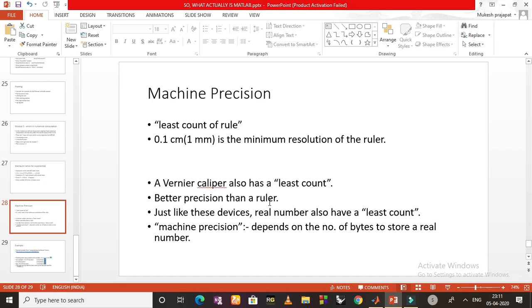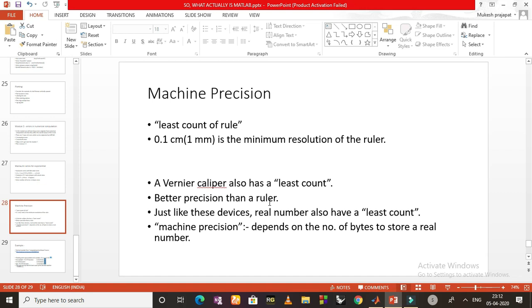Machine precision depends on the number of bytes used to store a real number. Let me explain how. Suppose we have a computational machine, and it stores a standard number in 4 bytes, which is basically 32 bits, and it has a lower precision.